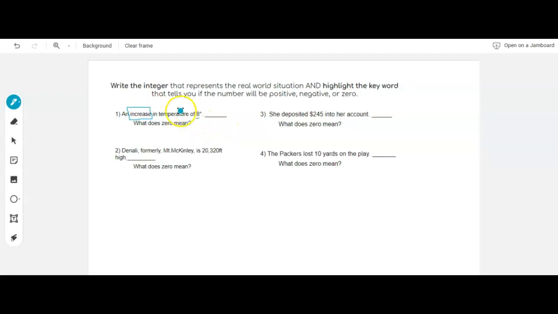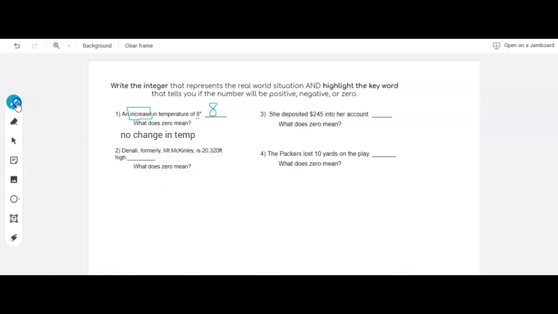So 8's my number, increase was in my positive section, so it's just going to be a regular 8, right? And then it says, what does 0 mean? Okay, that means increase of a temperature of 0. It means the temperature did not change. No change in temp. Okay, pause the video and try 1, 2, 3, and 4.